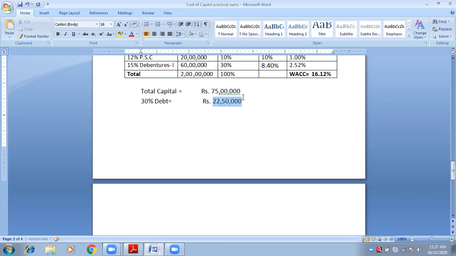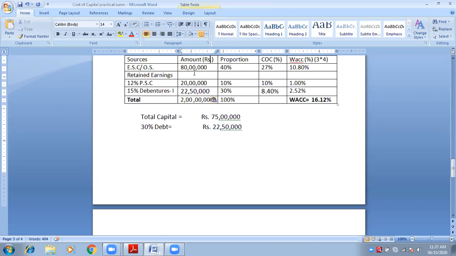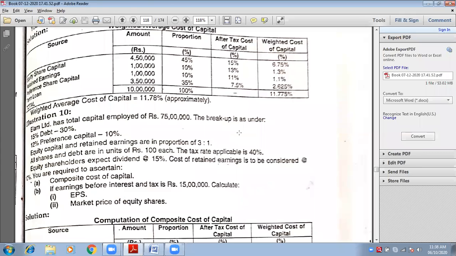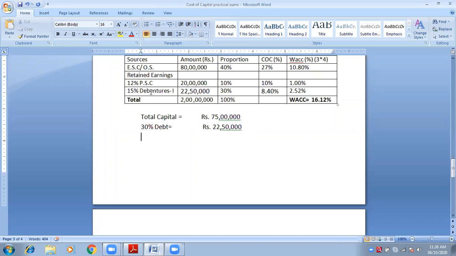So I can copy this amount into the column of debt. Right? Correct? Sorry, you have written debentures, it is debt. This would be debt. Okay, this is 15% debt.